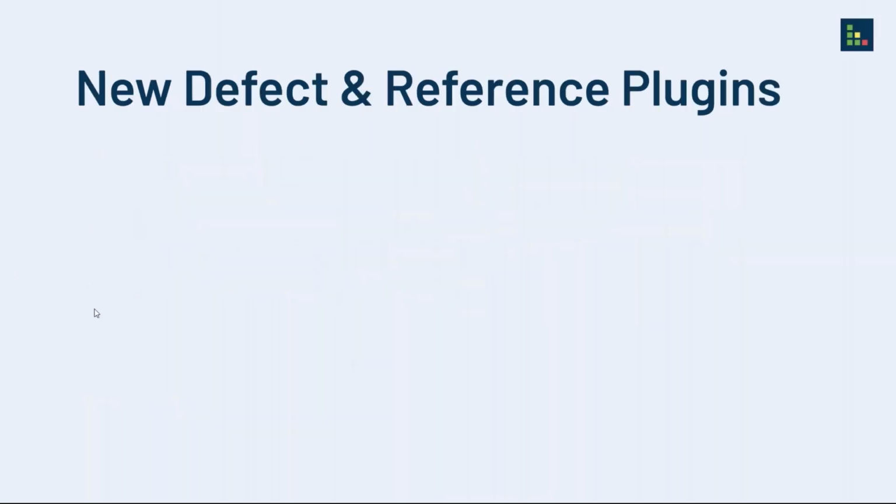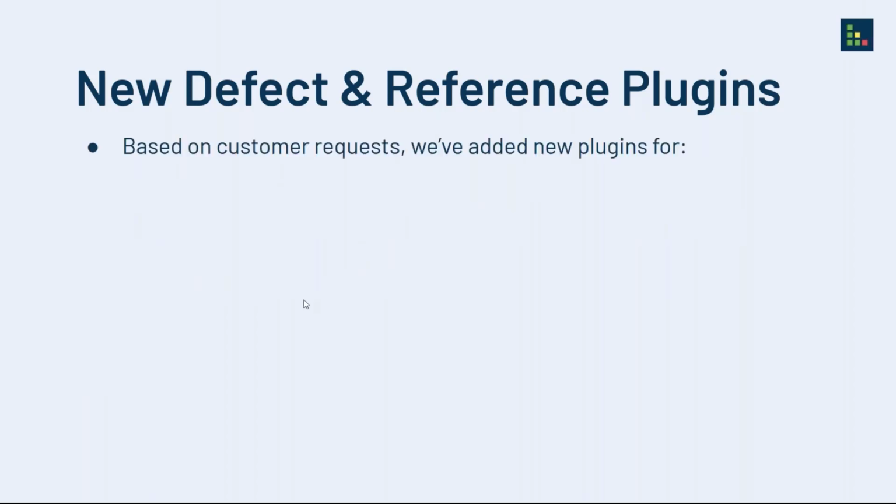In addition to upgrading the existing plugins, we've added new plugins based on customer feedback and customer requests. We've added plugins for Asana, Azure DevOps, also referred to as Microsoft TFS and Visual Studio Online. Microsoft has rebranded it all to Azure DevOps to cover both the server and cloud versions of those tools.